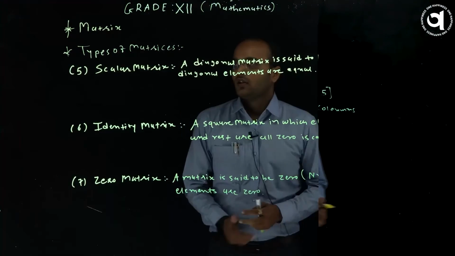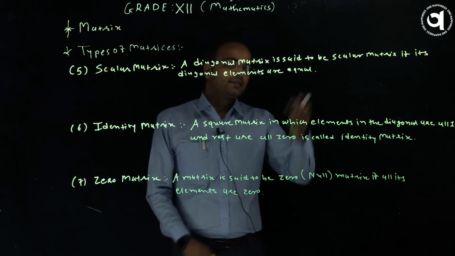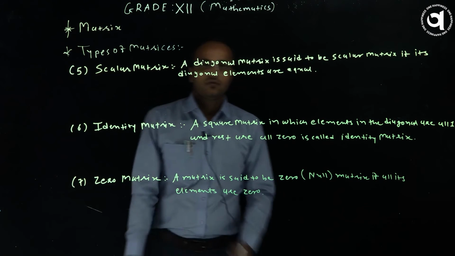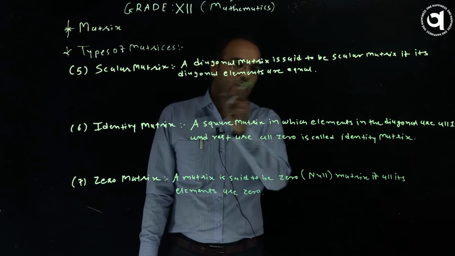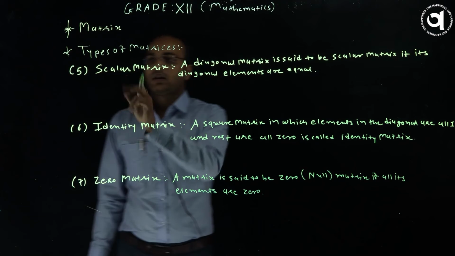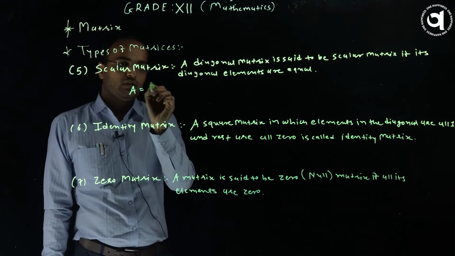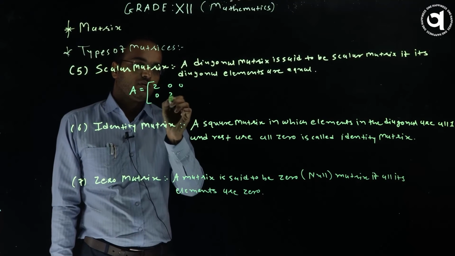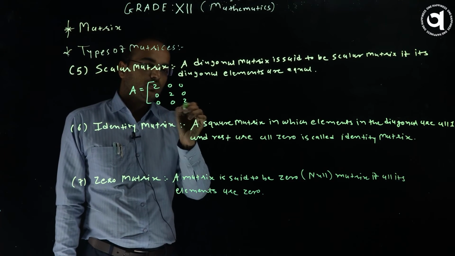Now the next matrix is a scalar matrix. A diagonal matrix is said to be a scalar matrix if its diagonal elements are equal. We discussed the diagonal matrix, so in that diagonal matrix, if the diagonal elements are equal, then it's said to be a scalar matrix. So consider an example. Suppose A is equal to [2 0 0; 0 2 0; 0 0 2].